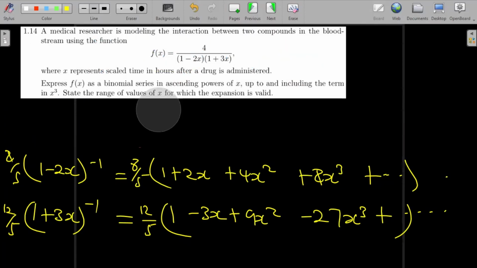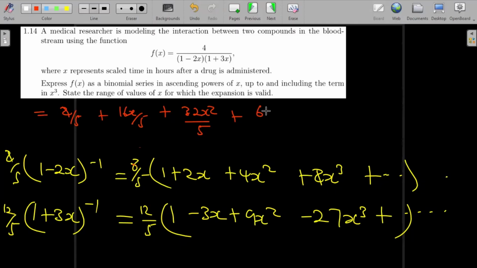So let's expand the first one. What are we going to get? If I expand this, I'm going to get 8/5 + 16x/5 plus this multiplied by that, 32x² over 5, plus, what is 8 multiplied by 8?